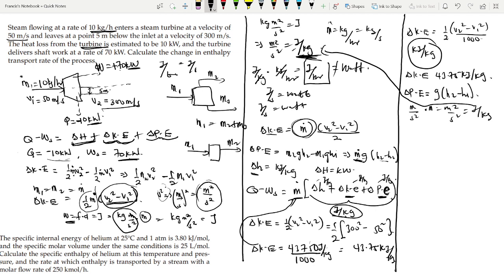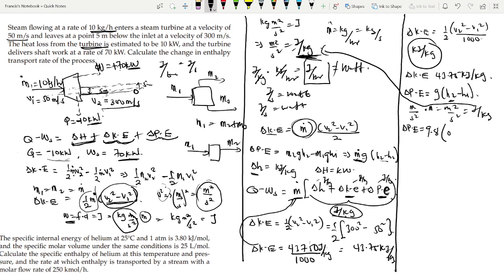Good. So now our change in potential energy becomes g, taking g to be 9.8, times h2. Now h2 was 5 meters below h1. So if we choose our h2, our outlet stream, to be our reference, that means this is the zero line, and this is above it, 5 meters from that.